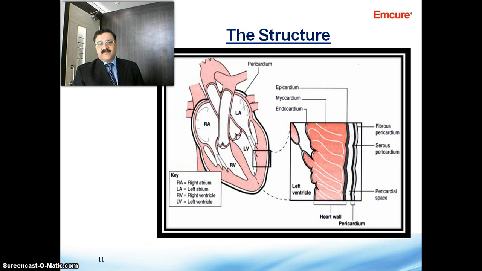Major function of this pericardial fluid is to act like a shock absorber, and at times due to inflammation it gets infected, and from a straw colored fluid it becomes thick, deep red or deep yellow colored.